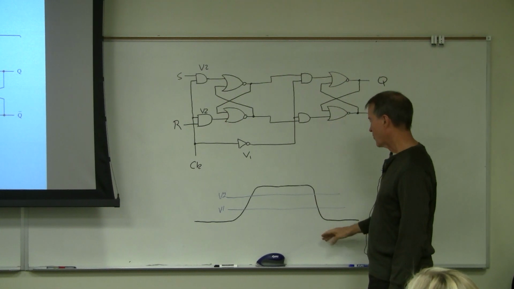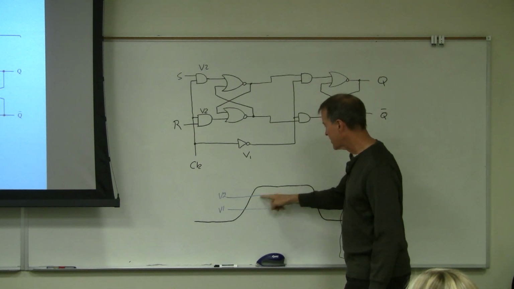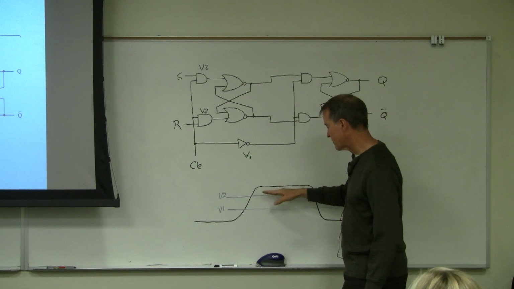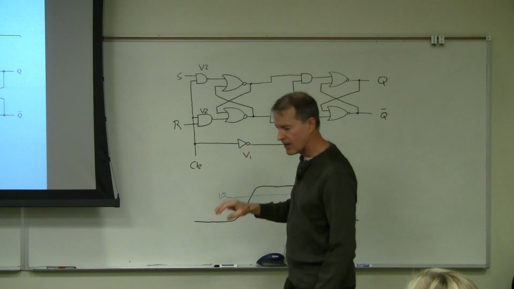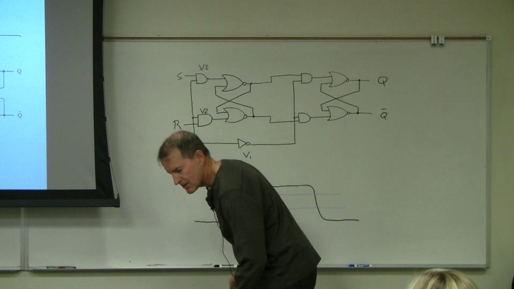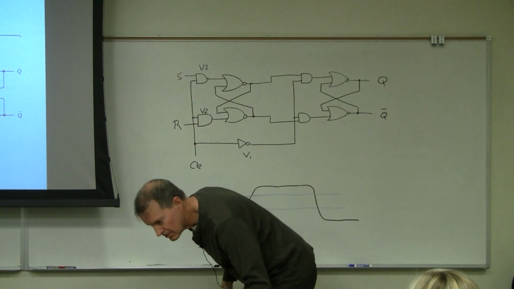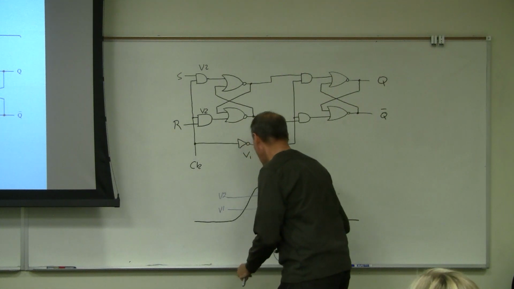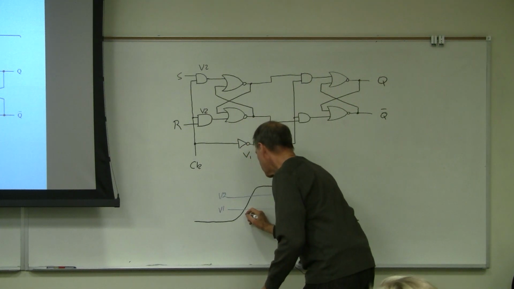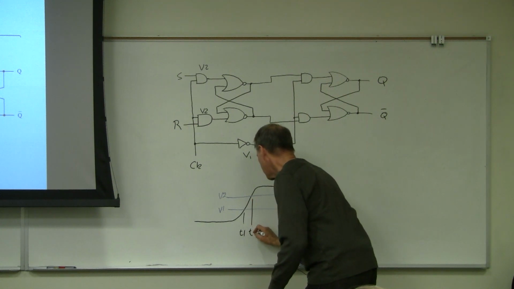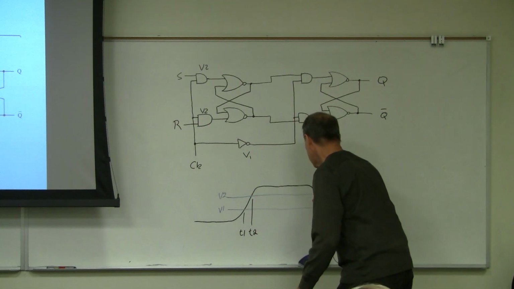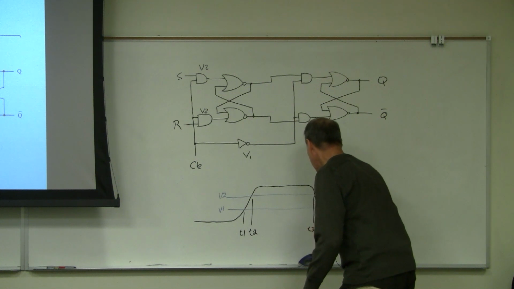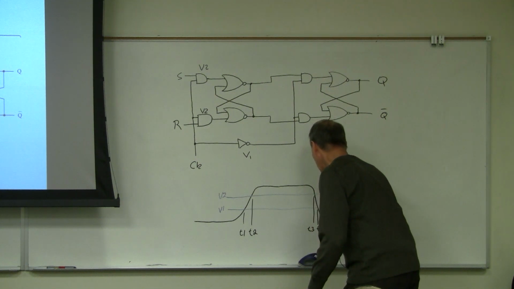So the fact that this is not instantaneous and that V1 is less than V2 defines 4 different times: T1, T2, T3, and T4. So this is time T1, this is time T2, this is time T3, and this is time T4.